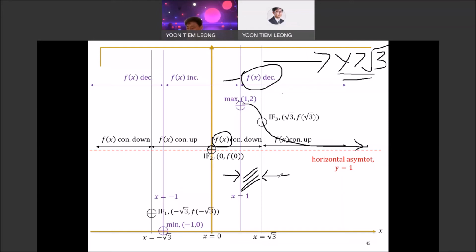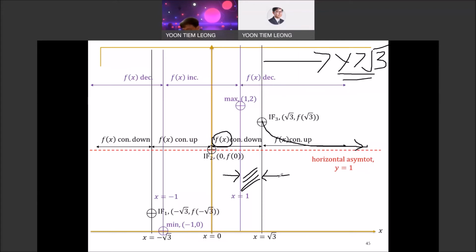Right. So this is the function coming out from the maximum (1, 2), going down, and it has a negative concavity. Okay, to draw this in a cleaner manner, let me try this. So it looks like this.